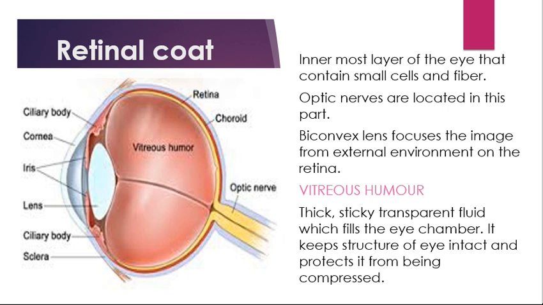Optic nerves are located in this very cup-shaped part of the eye. The biconvex lens focuses the image from the external environment on the retina. This image is inverted and gets upright after the process of vision.